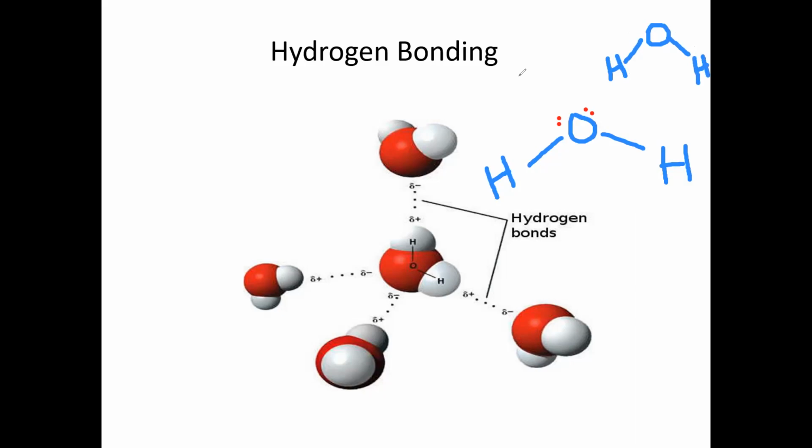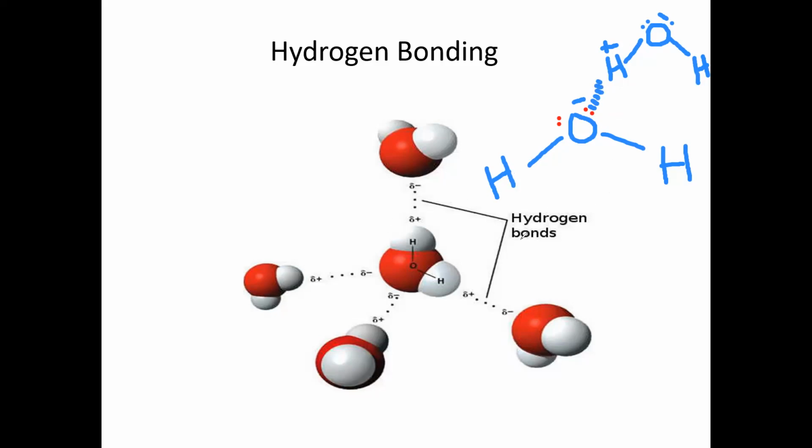This also has two lone pairs. Remember that this is partially negative and this is positively charged. So there'll be an attraction, and this oxygen has a lone pair of electrons. So there'll be an attraction between this hydrogen of molecule 2 and the oxygen in water molecule 1.